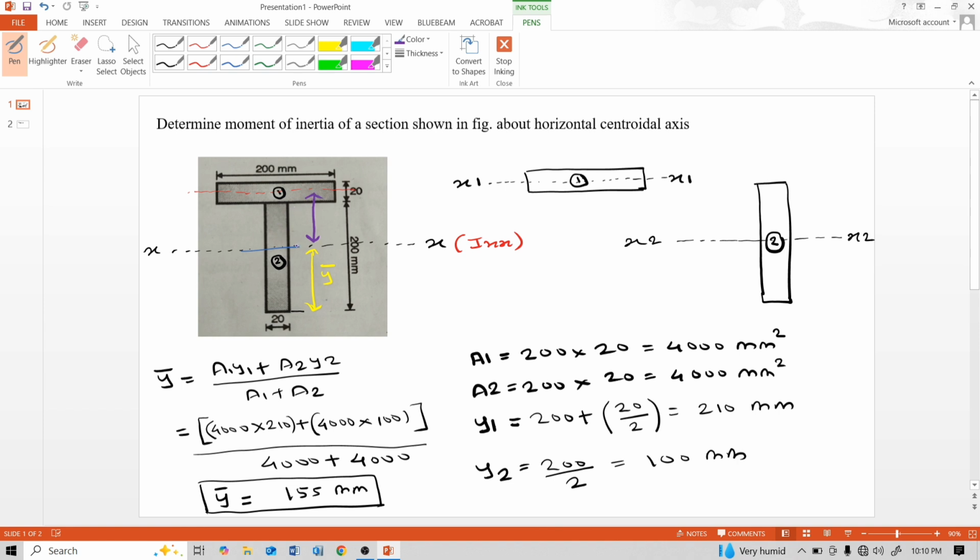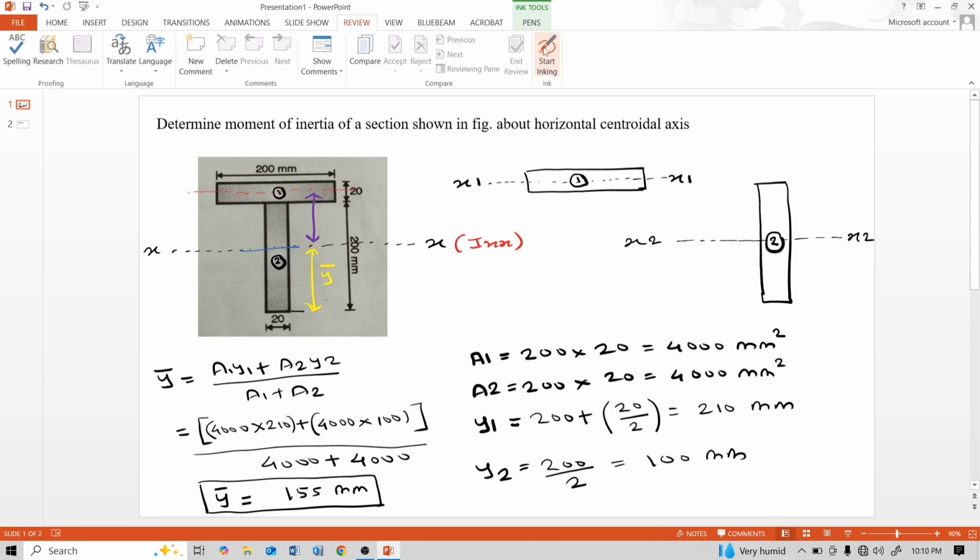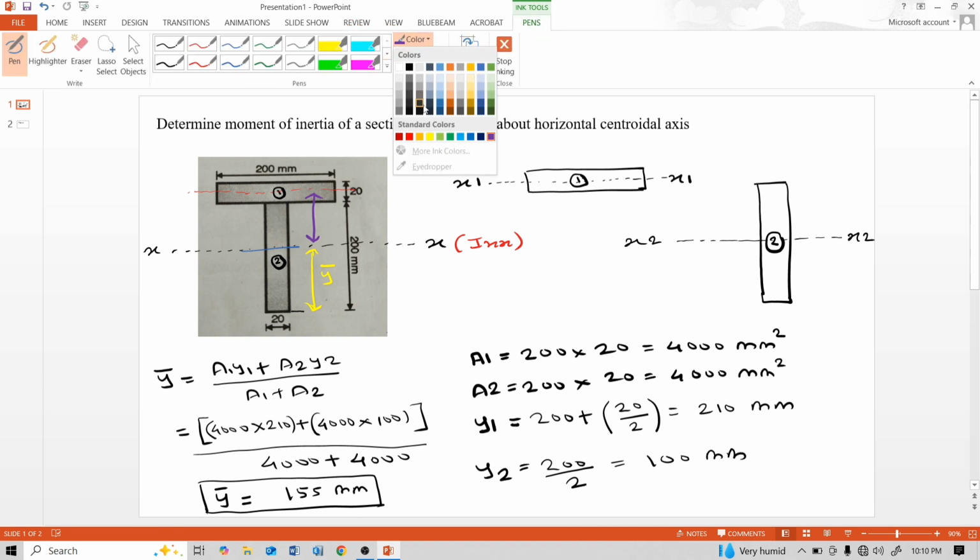That means the x axis to x1 axis distance. What is this distance? This distance is 210 minus y bar, and y bar is 155 mm.